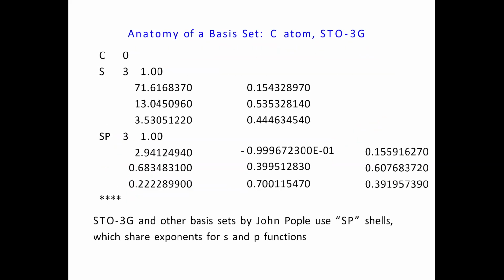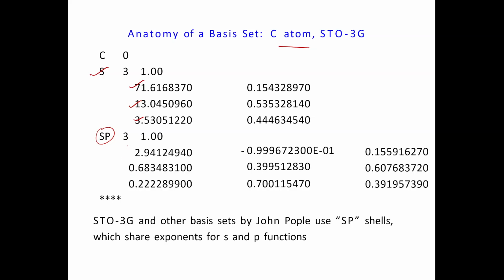Now this is for your carbon atom. For the s orbital, you have three Gaussians, and you have 2s and 2p. They write it in this fashion, but in some other programs the s and p are written differently.